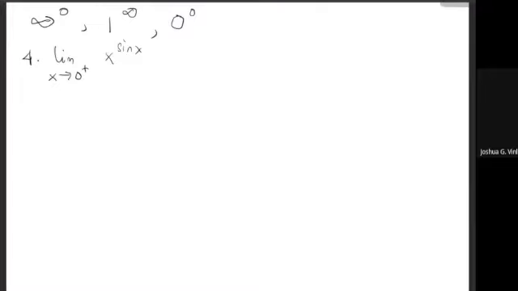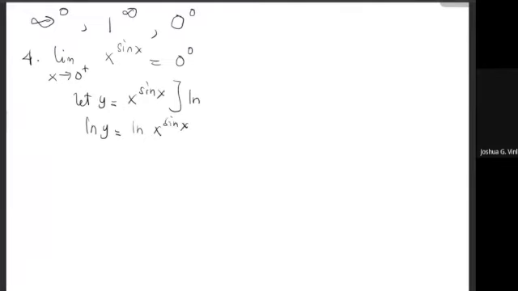Okay, so when you substitute the value of x as 0, this is 0 raised to 0. So what we're going to do again, we let y be equal to x to the sine of x. Same as before. Then get the ln of both sides. So ln of y equals ln of x to the sine of x.